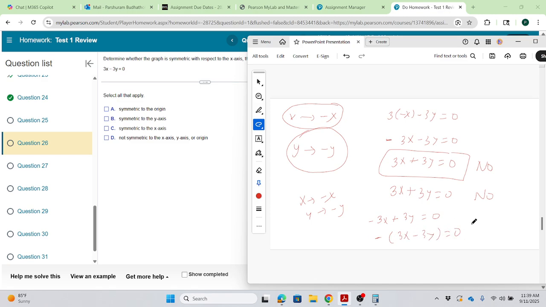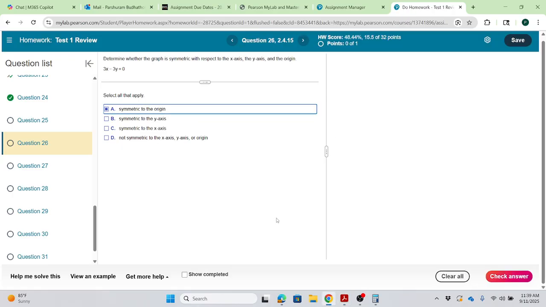You can multiply both sides by negative and it's going to give you 3x minus 3y equals 0. So after simplification, we end up with the same equation. That means this is symmetric with respect to the origin only. Not symmetric with respect to the y-axis, not symmetric with respect to the x-axis, and symmetric with respect to the origin. So what is that? A.